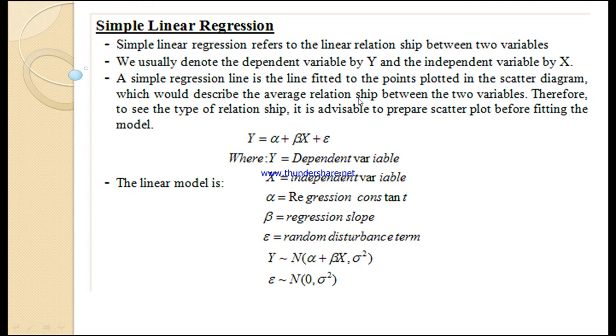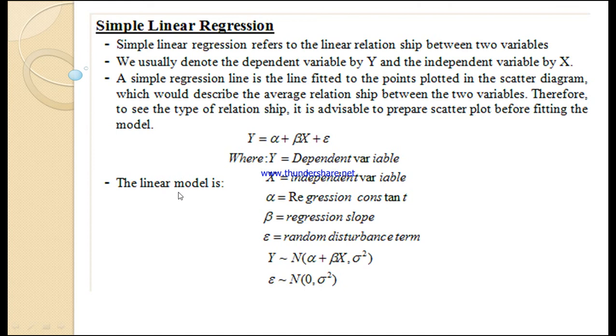A line fitted to the points plotted on the scatter graph, which describes the average relationship between the 2 variables, is known as a simple regression line. Therefore, if we want to see the type of relationship between x and y, it is advisable to prepare a scatter plot before fitting the model.